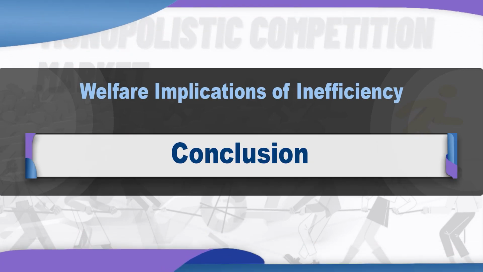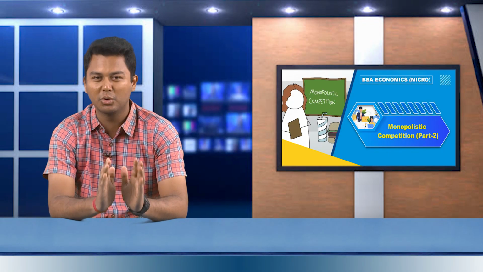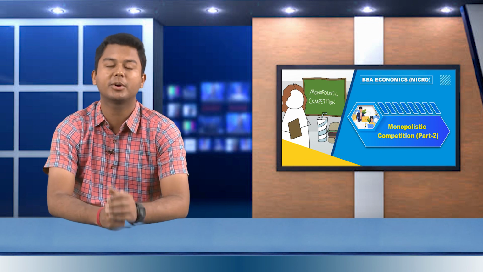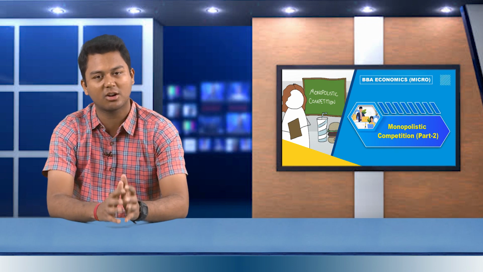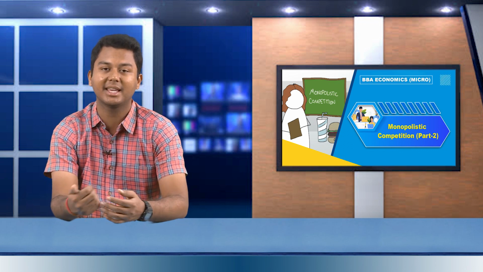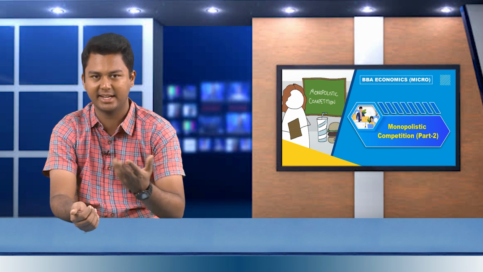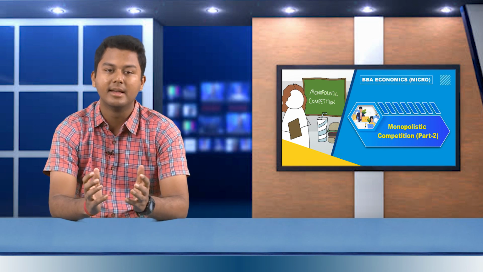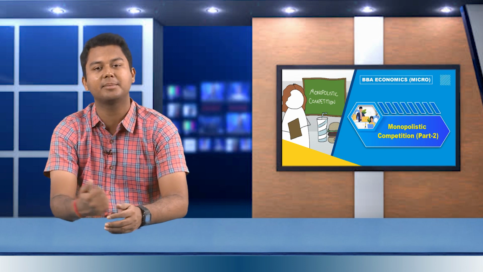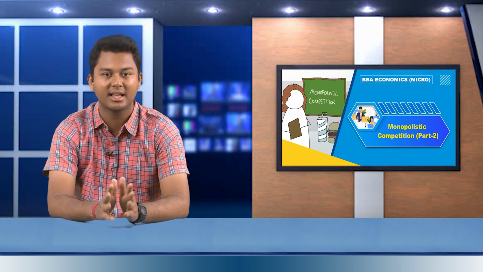So, if we conclude this discussion, then we can say that monopolistic competition does not achieve allocative or productive efficiency due to the nature of product differentiation and the firm's price making ability, as we saw by defining excess capacity. That is where the firms operate with excess capacity and charge a price which is above the marginal cost, leading to inefficiency in the allocation and production of resources.